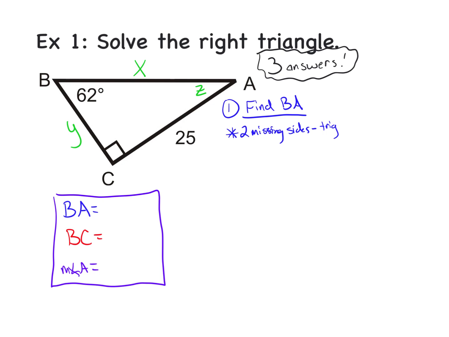All right, so if we're going to use trig, we have to use our reference angle, which is the 62 degrees. And then we're finding BA. BA right now we've made x. So x is which side? Opposite, adjacent, or hypotenuse? It's the hypotenuse, right? Because it's across from that 90.